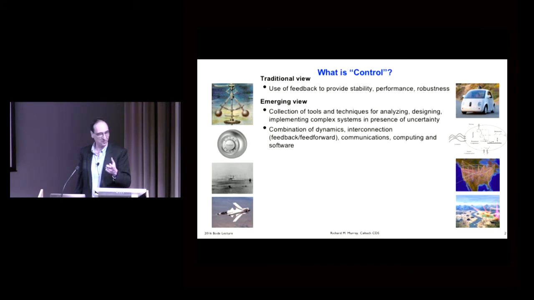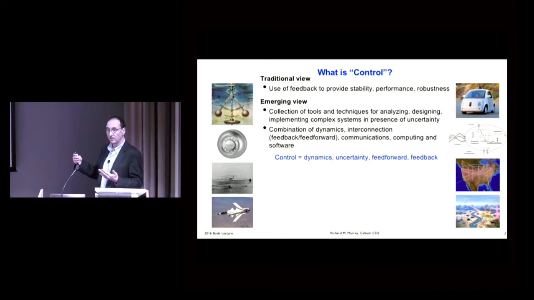And complex systems is the same complex systems in CCSI. It is the combination of dynamics, interconnection, communications, computing, and software, bringing all of that together that defines controls. And the more modern applications of these are the things that are on the right, things like autonomous vehicles. I do some work in biological control that I'll tell you about very briefly at the end. Large-scale networks.